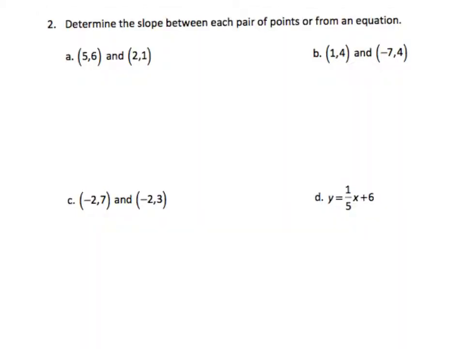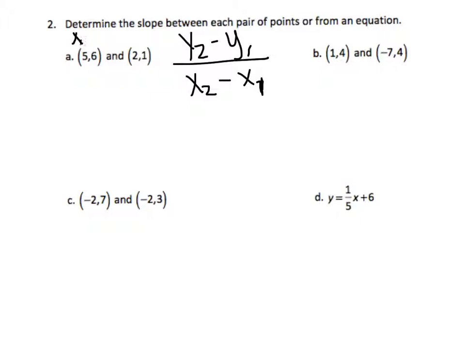Now if we determine the slope between 2 points, the slope formula is y2 minus y1, basically the change in y, over the change in x. How far apart are these 2 points from each other? And it doesn't matter what you label as x1 or x2 or y1 or y2, as long as you stay consistent.